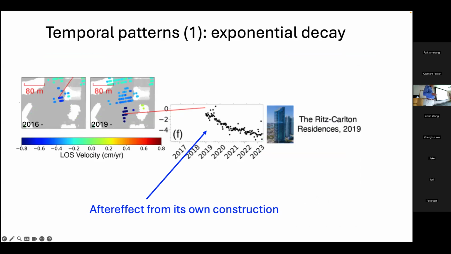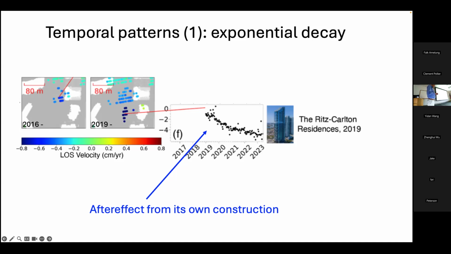So we observe a couple of different patterns. Exponential decay, for example, for the Ritz-Carlton Residences. And the easiest explanation for something like this is really the after effect from its own construction. That was quite a couple of years ago.